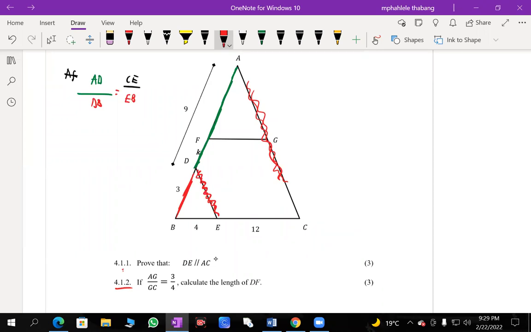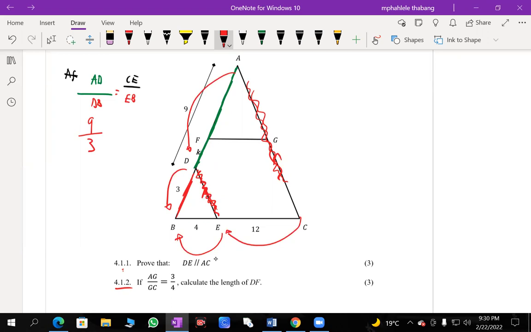So we say AD over DB equals CE over EB, then DE and AC are parallel. How much is AD? We are told that AD is 9. How much is DB? We know that is 3.